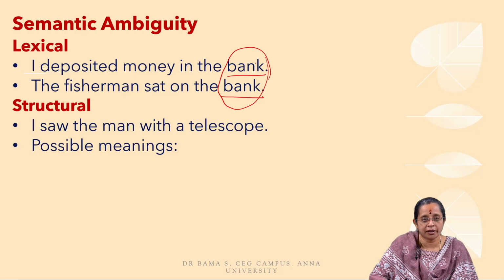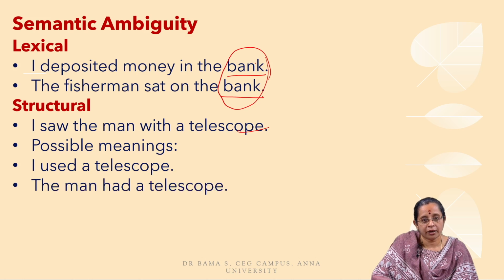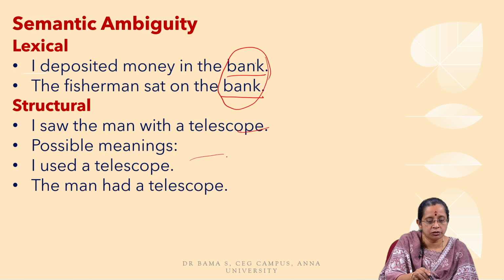For structural ambiguity, take I saw the man with the telescope; this is the one we used as an example question today. The possible meanings are: I used a telescope to see the man, or the man had a telescope and I saw that man who has a telescope. So, this is a structural ambiguity, and thanks to syntax, a syntactic CFG can identify this interpretation.